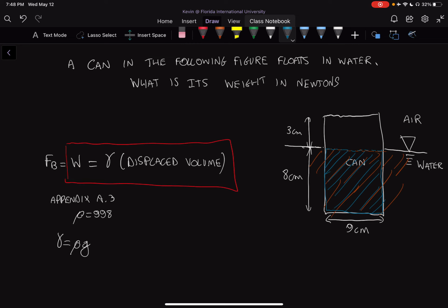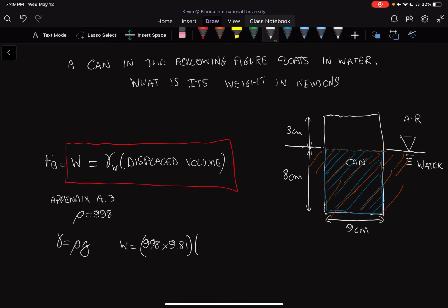So we have that the weight is equal to 998 multiplied by 9.81. That's our rho g, or our gamma for water in this case. And multiplied by the displaced volume that the can has displaced.